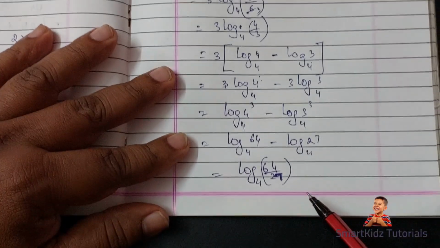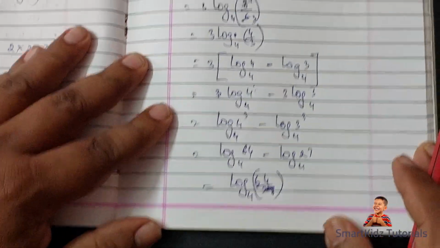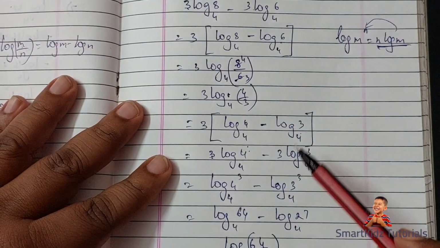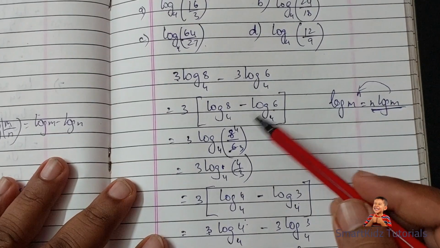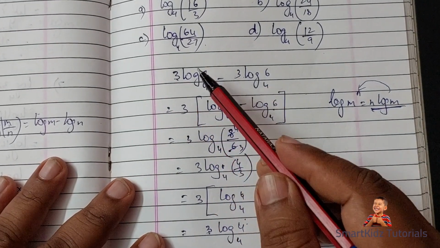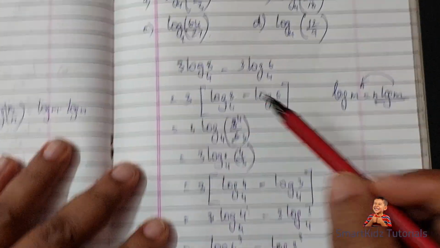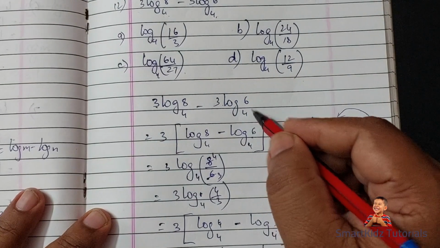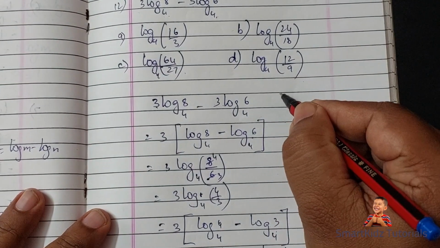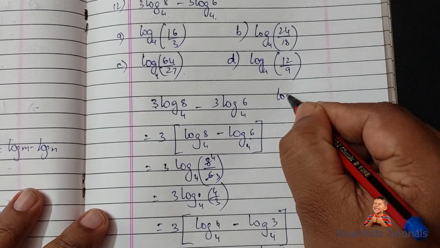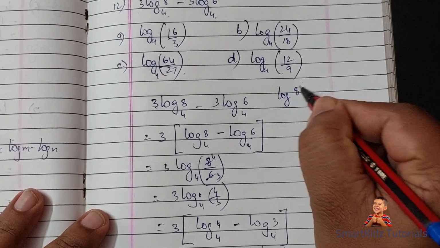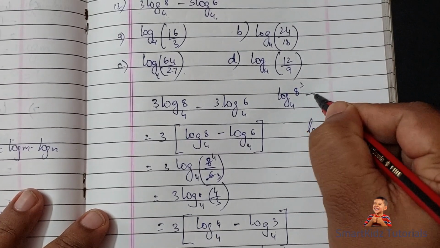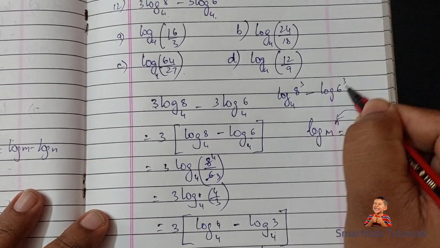Now you can do it in different ways, because this is a simpler way. Otherwise, the way I had done it previously was to go directly to log of 8 cube to the base 4 minus log of 6 cube to the base 4.